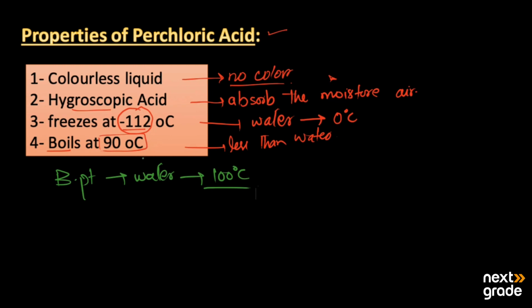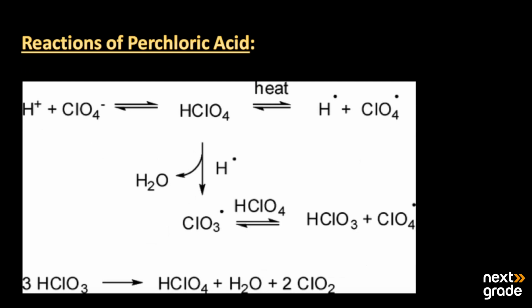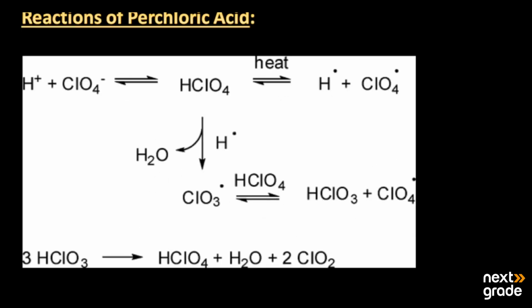After this we have some properties which are called the chemical properties, or the reactions of perchloric acid. Perchloric acid has different types of reactions.